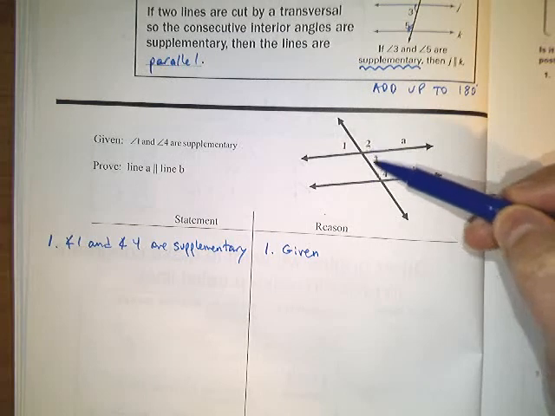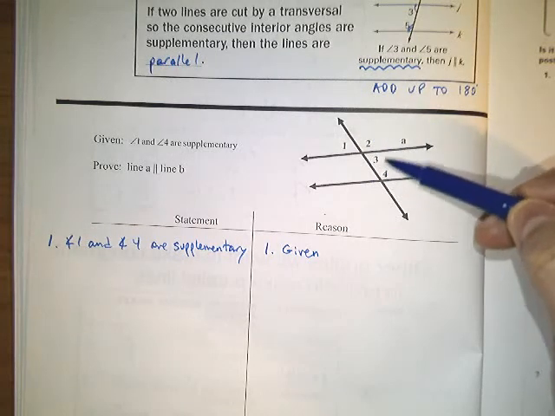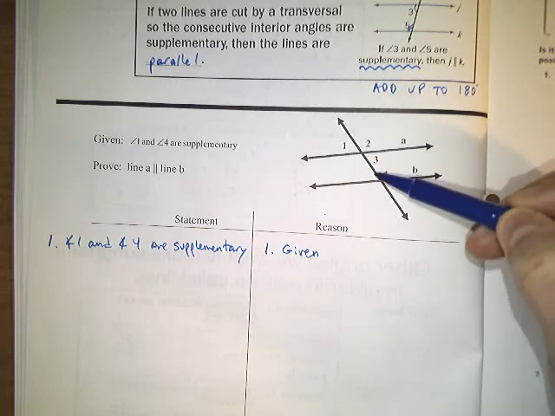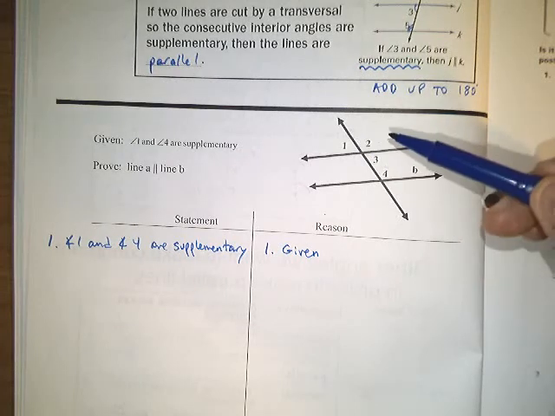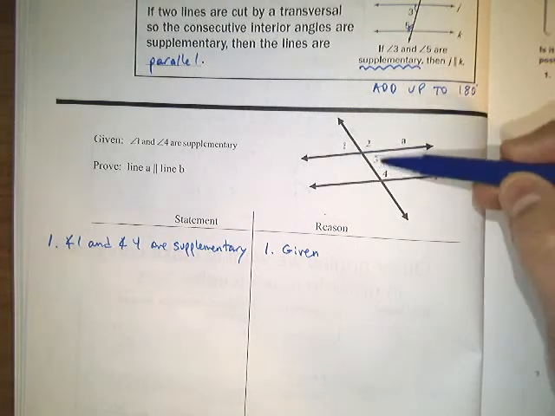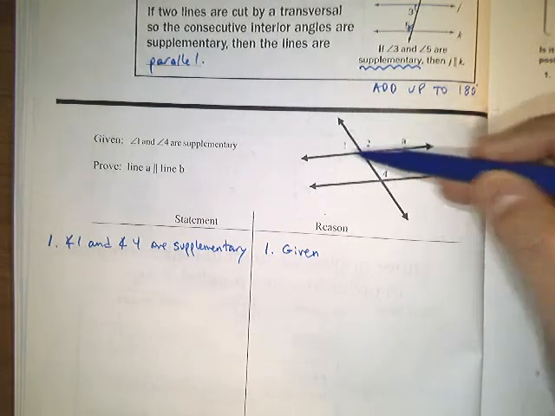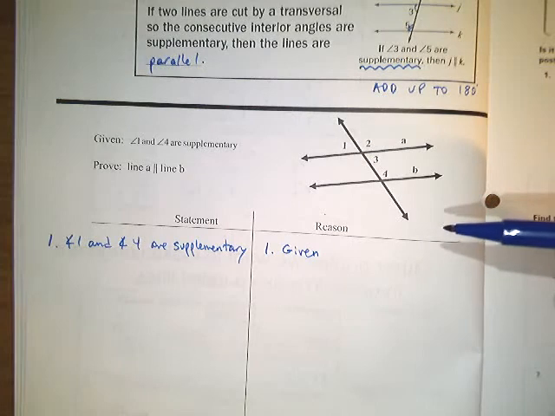I would say that angles 2 and 3 are supplementary because they form a straight angle pair. They're called a linear pair. They go from one side of a straight line over the other when you combine them together. And the only other thing I can think of is that angles 1 and 3 are equal to one another because they form a vertical pair. Two angles that are on opposite corners of an intersection are going to be congruent, called a vertical pair.